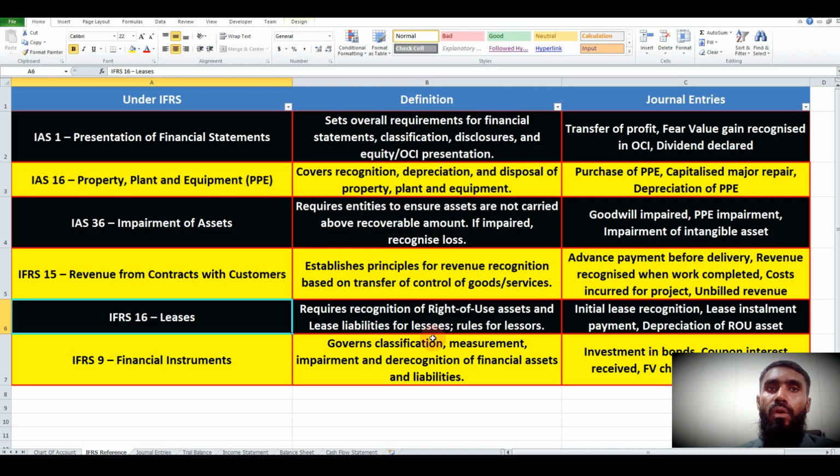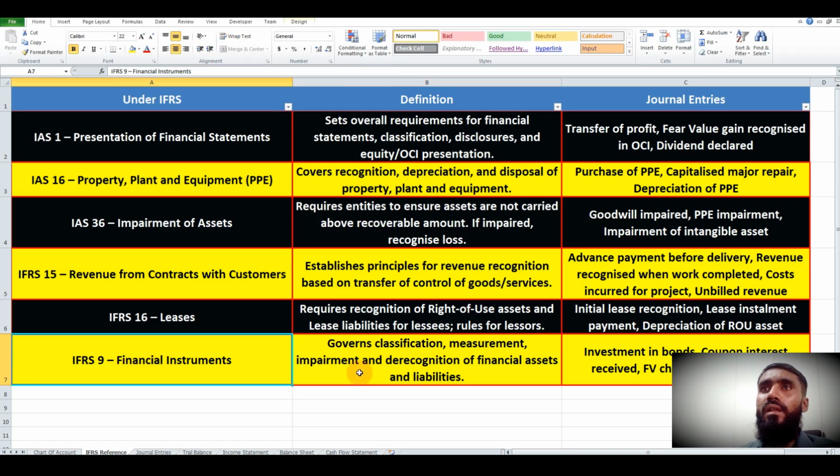You have to know this, then you can create the statements properly and confidently. Initial lease recognition. I have just passed a few entries for your clarification: initial lease recognition, lease installments, payments, depreciation of ROU assets.